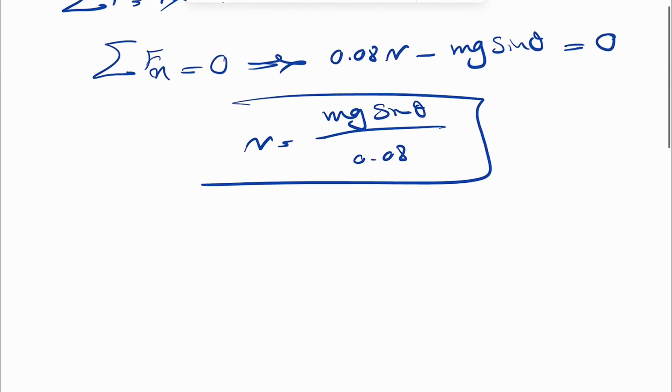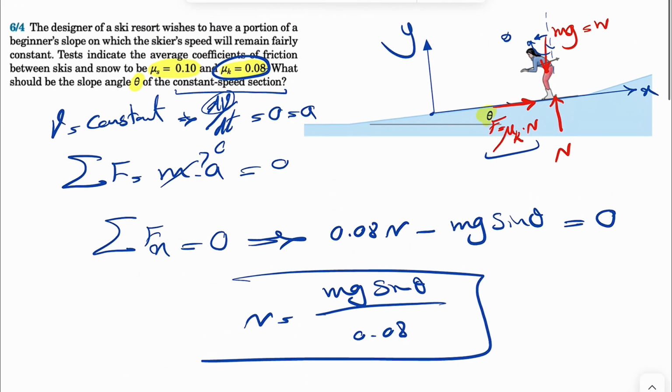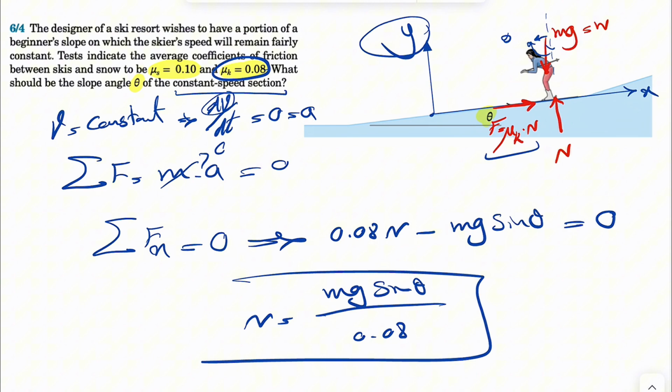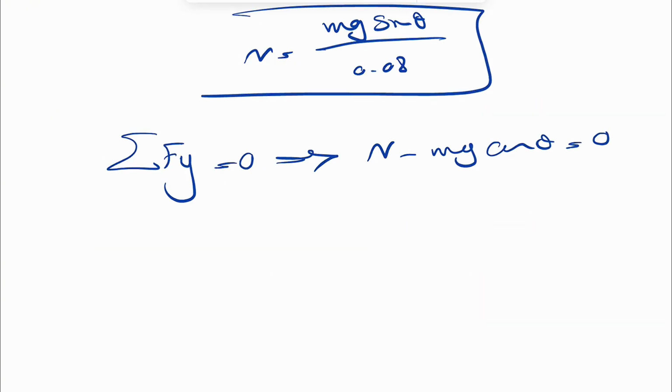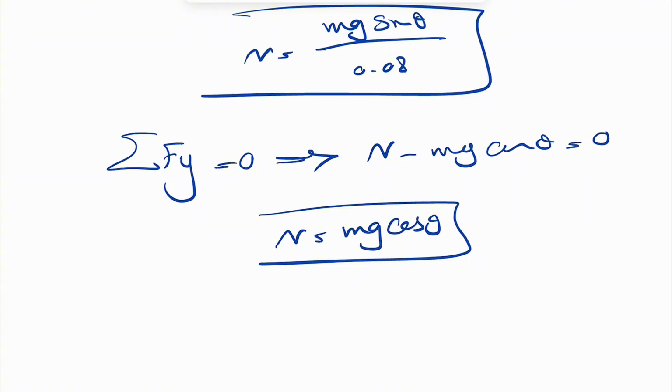We have one more equation, which is the sum of all forces in y equals 0. We have the normal force along the positive y direction, and we also have the y component of mg, so this is going to be mg cosine of theta, and n will be equal to mg cosine of theta.